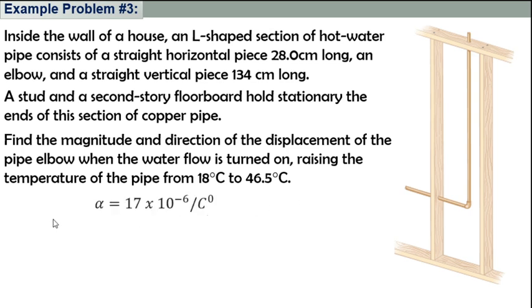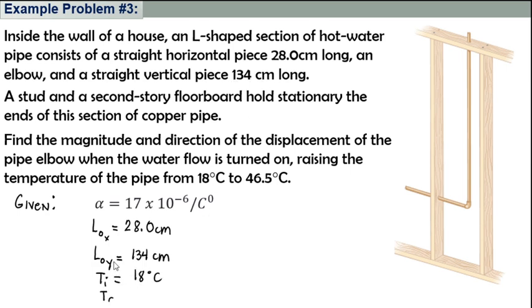Let's analyze the situation. Our object here is the pipe, which has the coefficient of linear expansion as 17 times 10 raised to negative 6 per Celsius degree. We are given the dimensions of our pipe, which are 28 cm long along the horizontal, so that is the initial length along the horizontal, or L sub O x, and we are also given 134 cm as the initial length of our pipe along the vertical, or L sub O y.